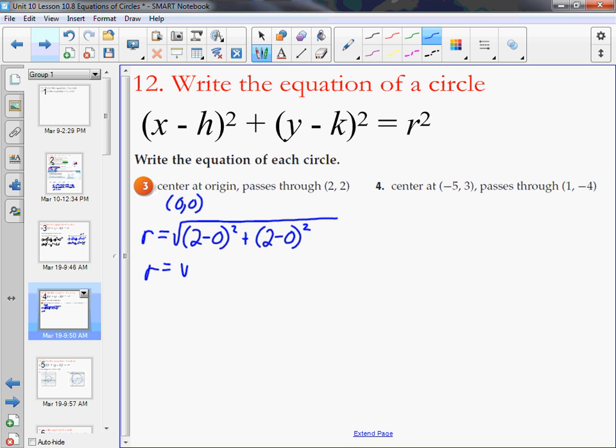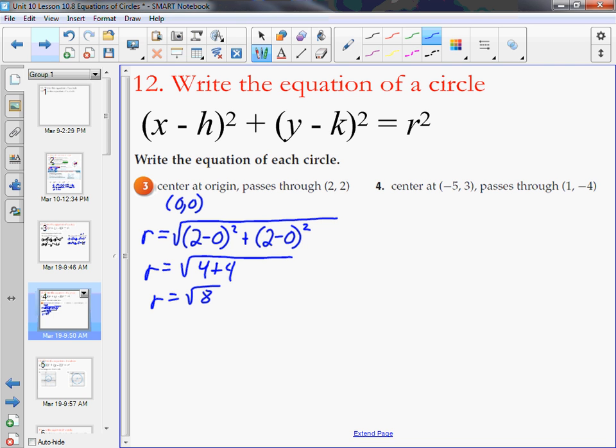So the radius equals the square root of 2 minus 0 is 2, 2 squared is 4. Same thing happens again. So r equals the square root of 8. Now do we have everything we need to write the equation? Yeah, as long as we know the coordinates of the center and the radius, we have everything we need.